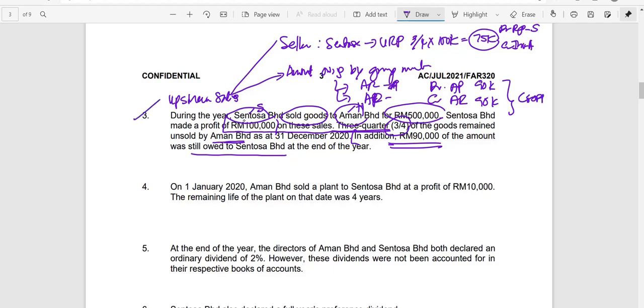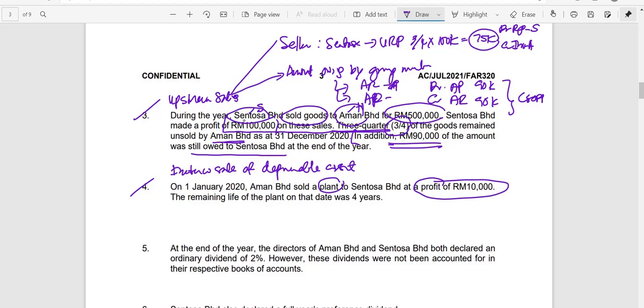So done with that. Next one is the intercompany sale of plant, and this is an intercompany sale of depreciable asset, and you need to go and make adjustment for depreciable asset, and here for the profit that has been realized.